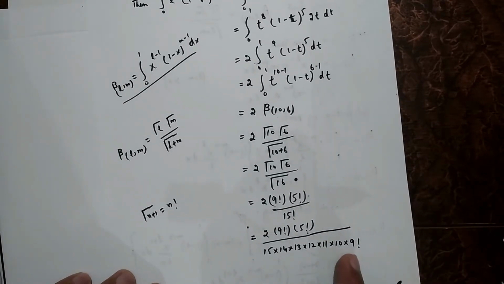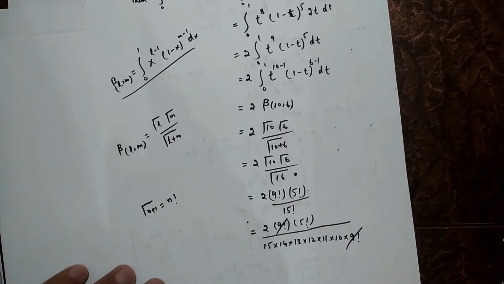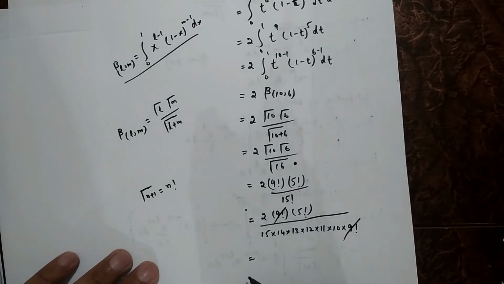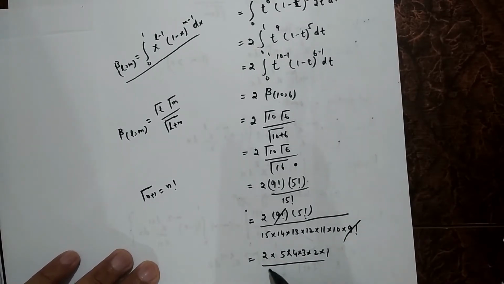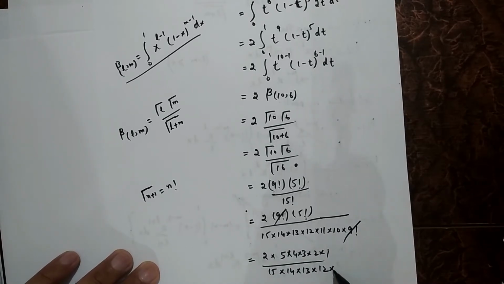There is a series from 9 up to 1, we can write it as 9 factorial. So I can cancel this 9 factorial with this 9 factorial, and the rest can be written as 2 times 5 factorial, which is 5 4 3 2 1, divided by 15 14 13 12 11 and 10.